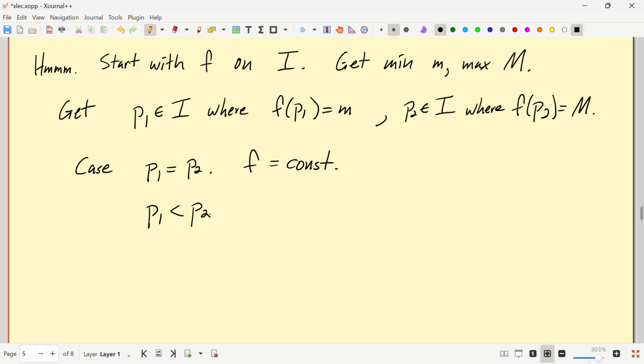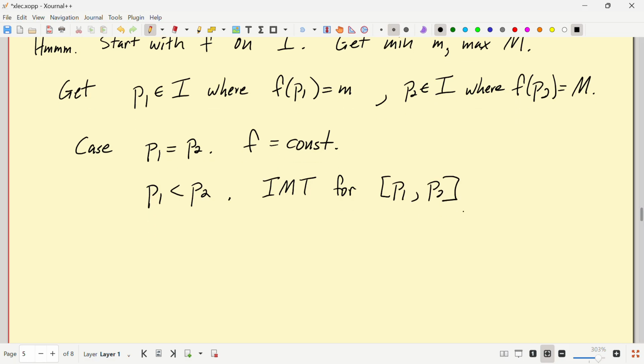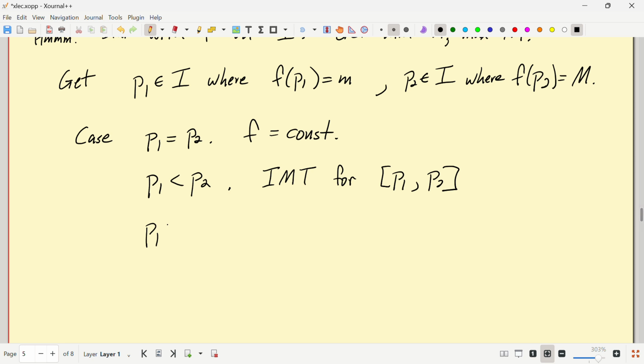But then we could do the intermediate value theorem for the interval P1, P2. If P1 is greater than P2, then we do the intermediate value theorem for P2, P1. Anyway, what you see is that everything between the min and the max gets hit.